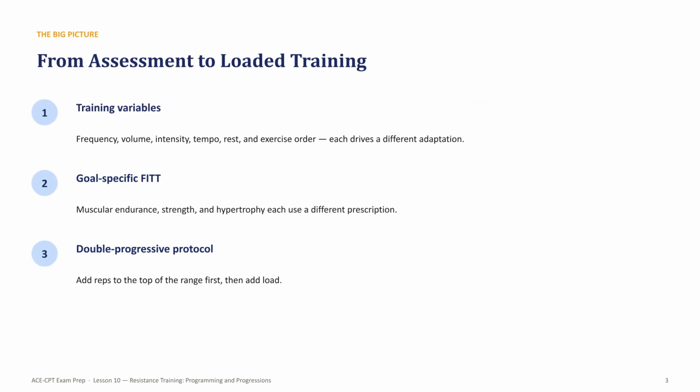Let's zoom out before we get into the details. This lesson takes you from assessment to loaded training, from knowing about a client to actually putting a barbell or a dumbbell in their hands. There are 3 big ideas here. First, training variables: frequency, volume, intensity, tempo, rest, and exercise order. Each one of these drives a different adaptation in the body, so changing one changes the outcome.